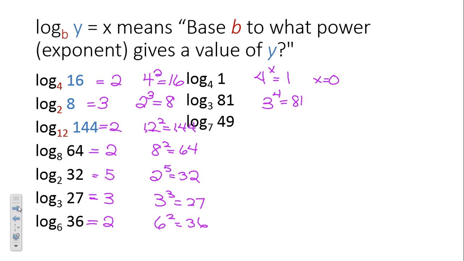Very good, because 7 squared gets you 49. So we're looking for the exponent here. Okay. Next one. Log base 4 of 64, Sarah. Very good. 4 to the 4th is 64. So 4 is our answer. We're looking for the exponent. Okay.